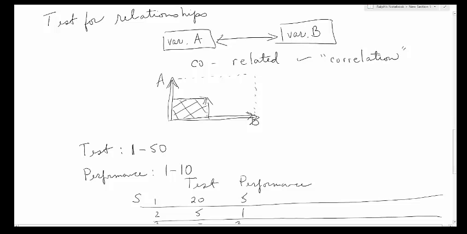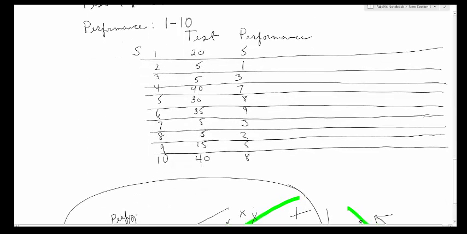So the way you would get the bounds of the test, let's call this X. Let's call performance Y. The way you would get the bounds of the X would be taking X squared. And in this case, what is X squared?